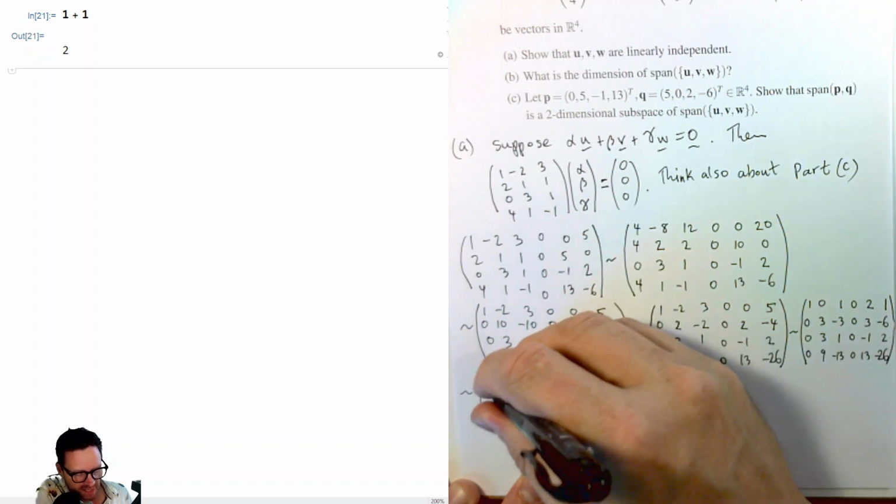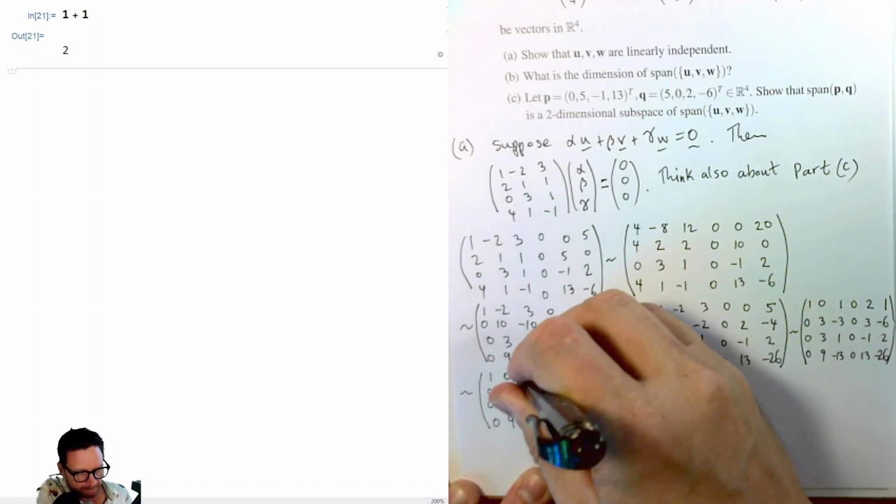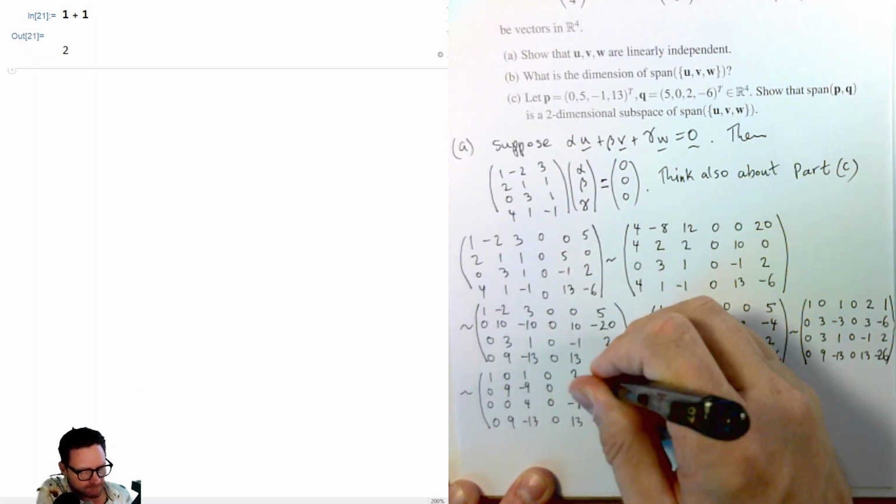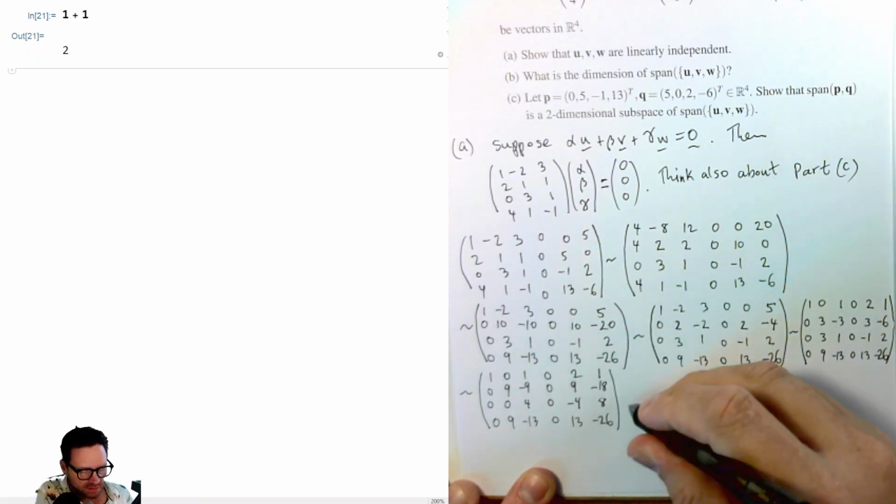And we'll keep row 1 the same for now. Okay, continuing.